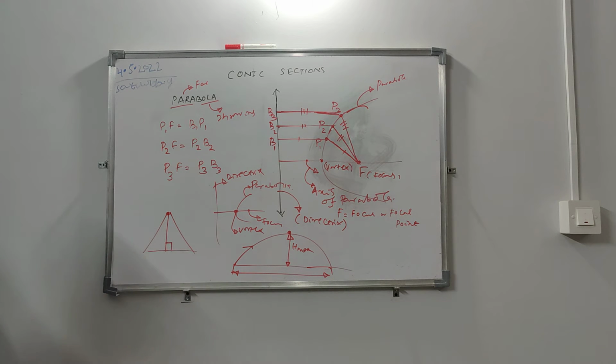So now you have understanding. The points on a parabola will be equidistant from a fixed line and from a fixed point. If it meets that condition, then it will be parabola.